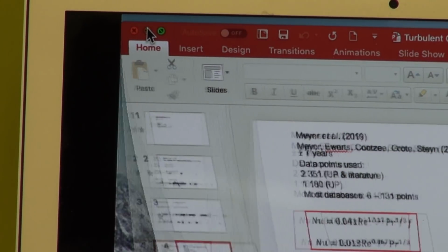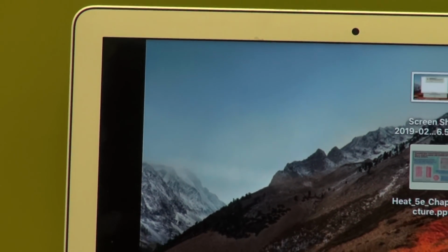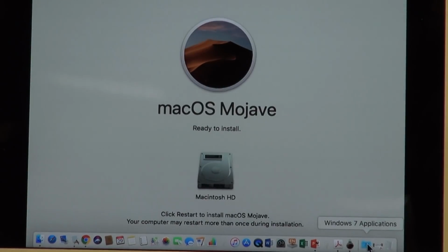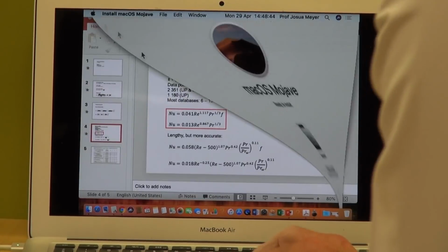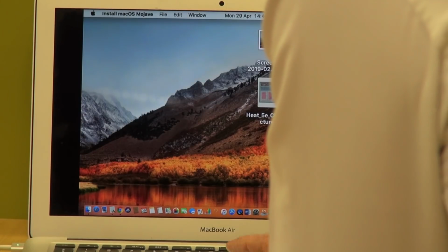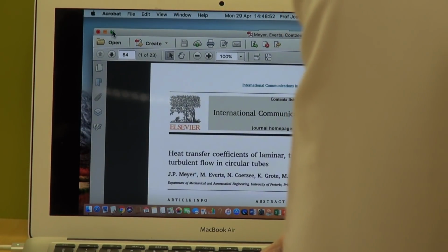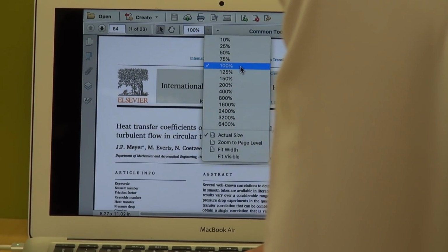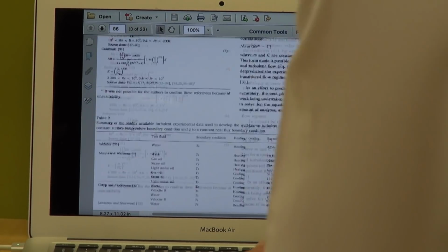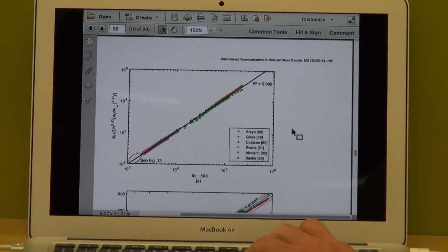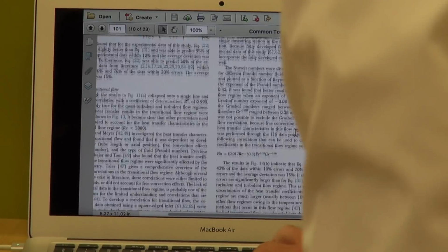Now I'm going to show you in terms of the article. If you don't have anything to do, you can go and read through this article.